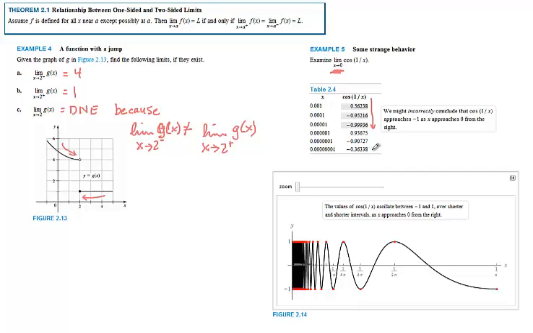The reason for that is because this cosine of 1 over x is oscillating so rapidly, it's bouncing, you'll notice from the graph, back and forth from 1 to -1. And the closer you get to 0, the faster it's bouncing back and forth between 1 and -1, not approaching a singular value.